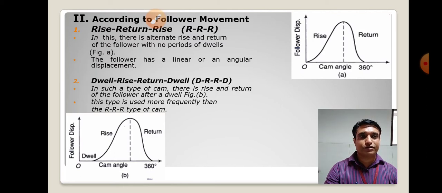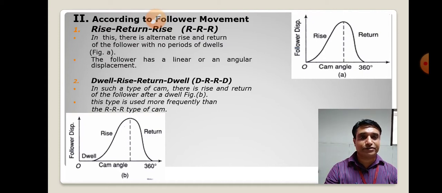The second classification is the RDRRD pattern. Here, the first D stands for dwell, the first R stands for rise, the second R stands for return, and the last D stands for dwell. In such a cam, there is a rise and return of the follower after a dwell.